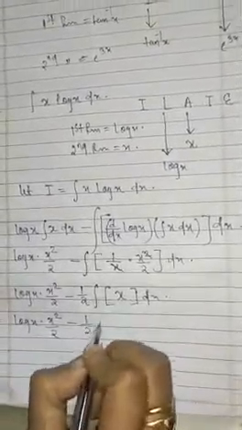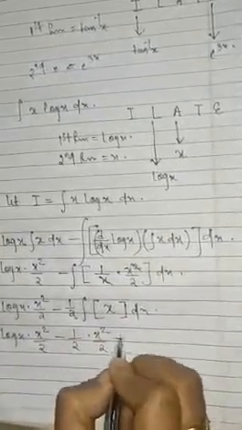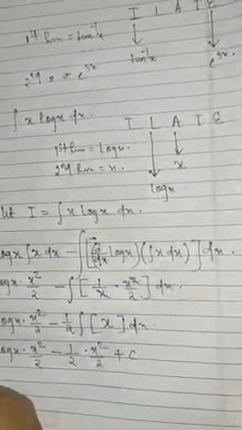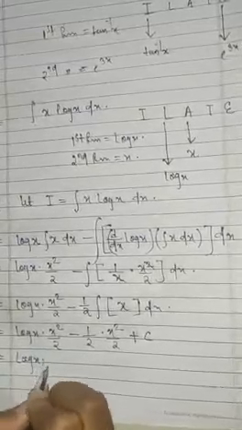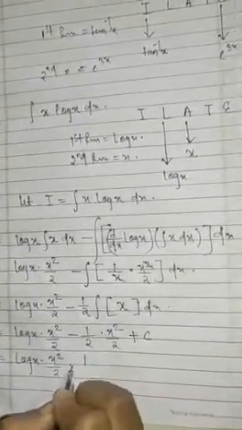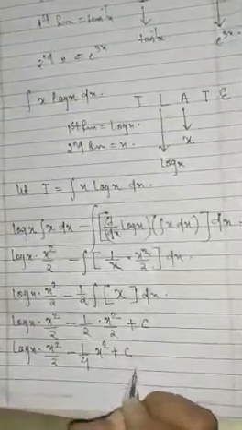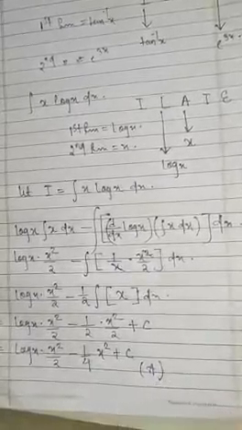We know integration of x is x square by 2. As the total integration is completed, I write here plus c. So this is equal to log x times x square by 2 minus half times half, total is 1 by 4 x square, plus c, and this is the final answer. Thank you.